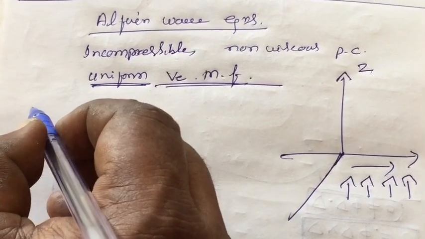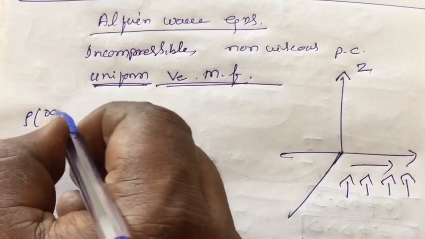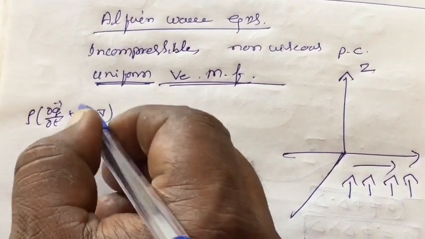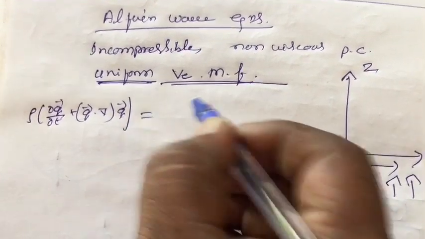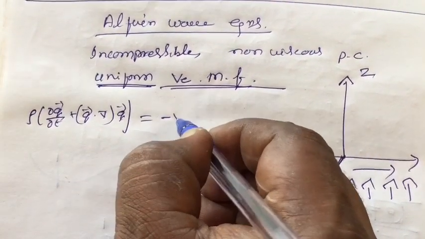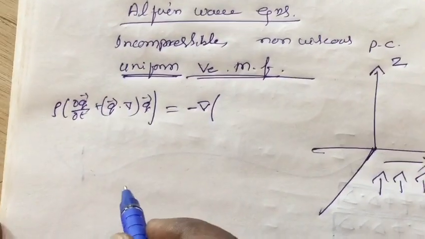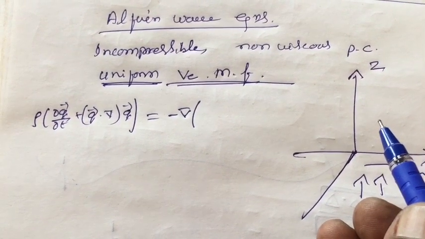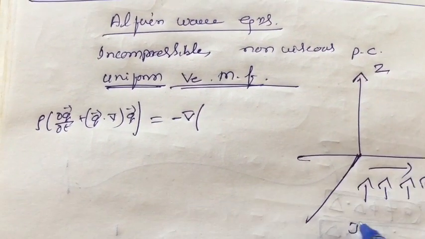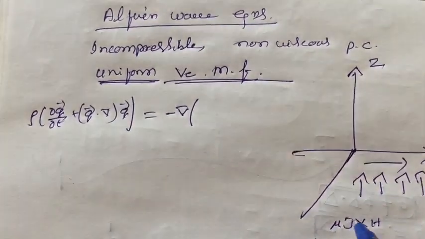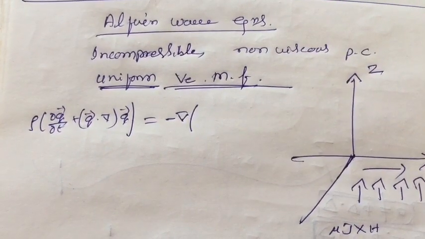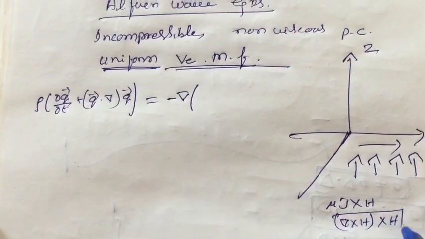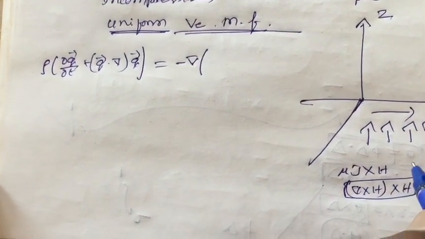The momentum equation is given by rho times (del Q by del T plus Q dot del of Q) equal to minus gradient of P, neglecting the gravitational force, plus the Lorentz force, mu J cross H. You know J cross H can be written using del cross H, and we expanded it with a vector identity in previous classes.